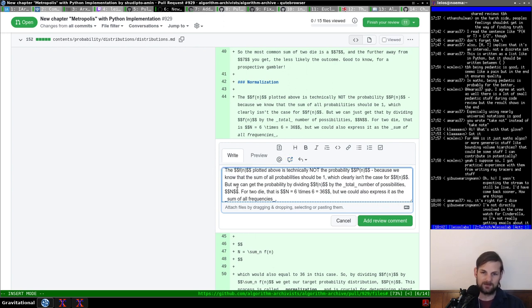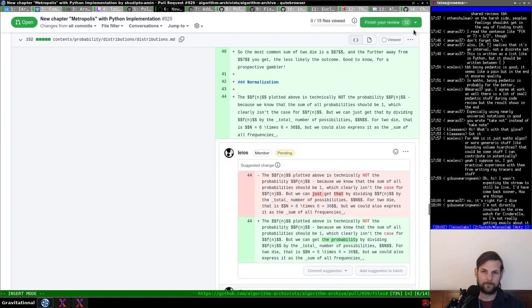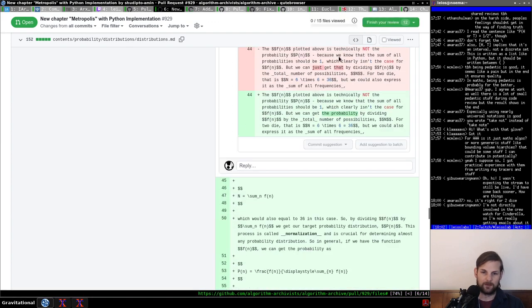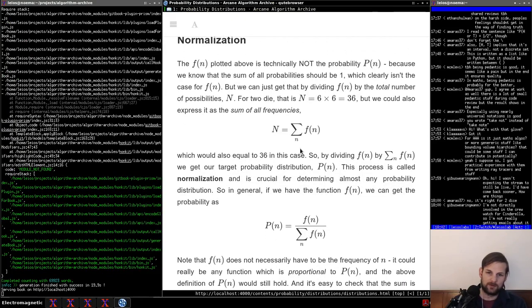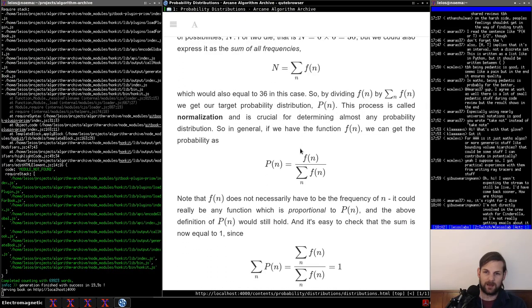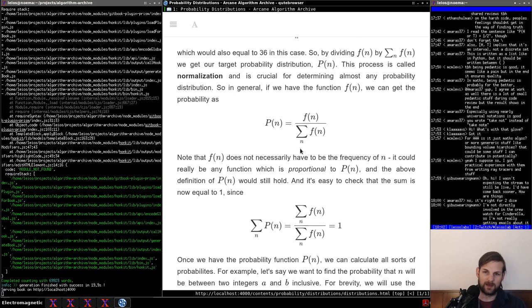For two dice, n is equal to 6 times 6, which is 36. But we could also express this as the sum of all frequencies, which would also equal 36 in this case. So by dividing f of n by the sum of f of n, we get our target probability distribution P of n. This process is called normalization, and it's crucial for determining almost any probability distribution.